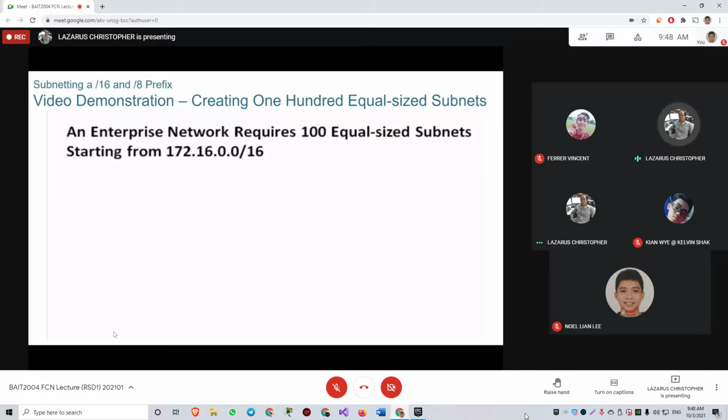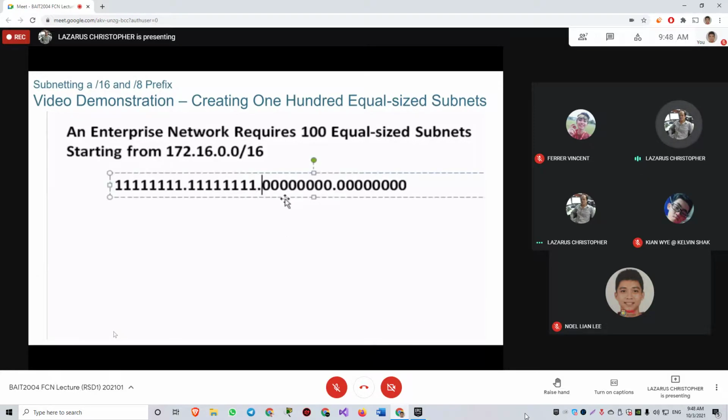To subnet this network correctly, the first thing that I do is write out the subnet mask. There's my /16 subnet mask. I'm going to need to borrow bits from the host portion. If I borrow 1 bit, I have 2 subnets. 2 bits would be 4 subnets, 8 subnets, 16, 32, 64, 128.